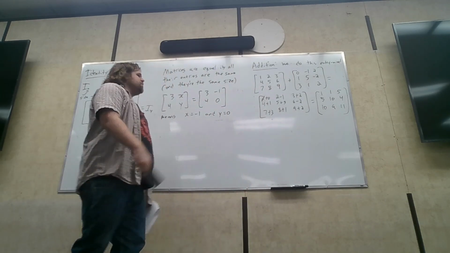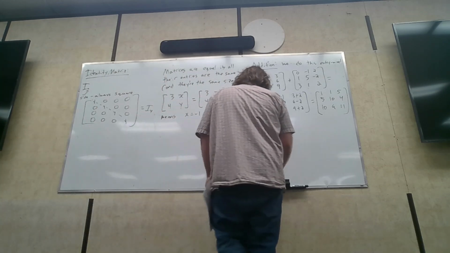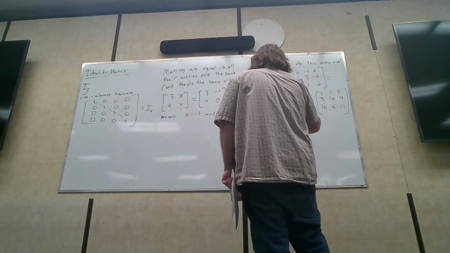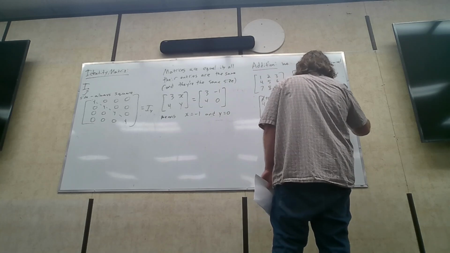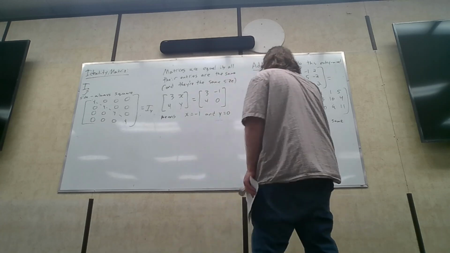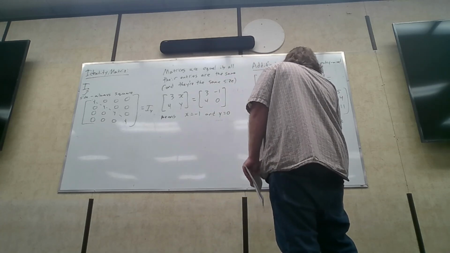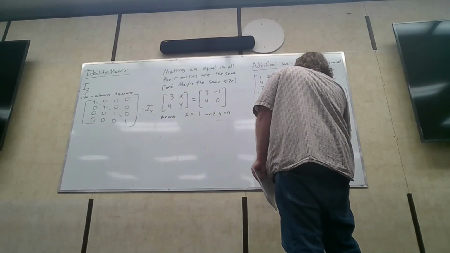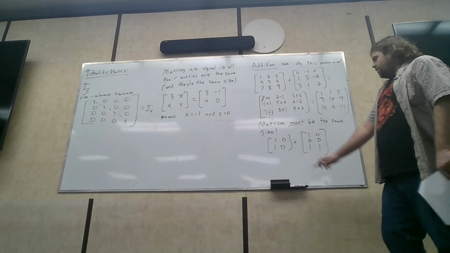This is another one of those examples I was talking about. We do have a size restriction here. These matrices have to be the same size. Matrices must be the same size. And again, this makes sense because if you try to do this plus this, how do you possibly add them?